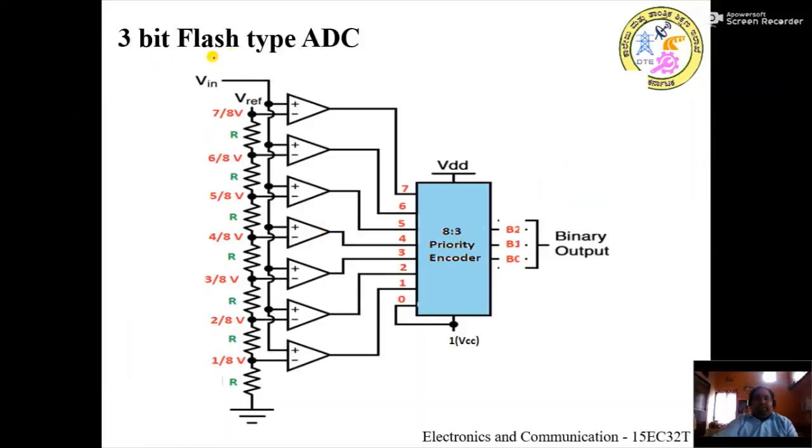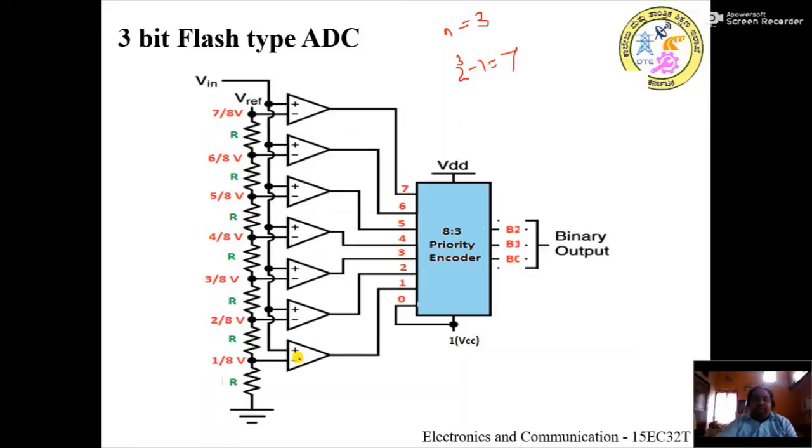Next, if you see a 3-bit flash type of ADC, here the n value is 3. With the n value 3, since I need 2 to the power of n minus 1 comparators, that means 2 to the power of 3 minus 1, so I need totally 7 comparators.